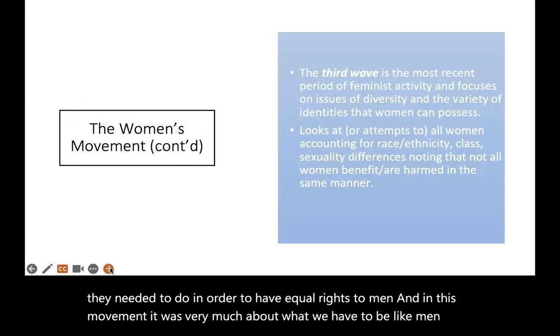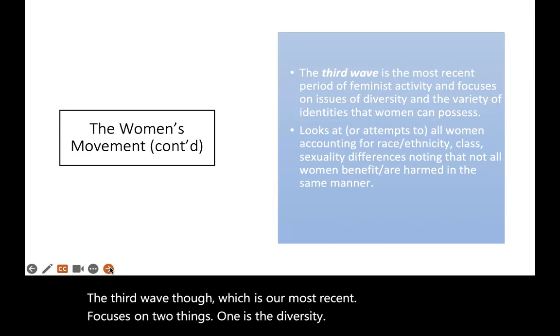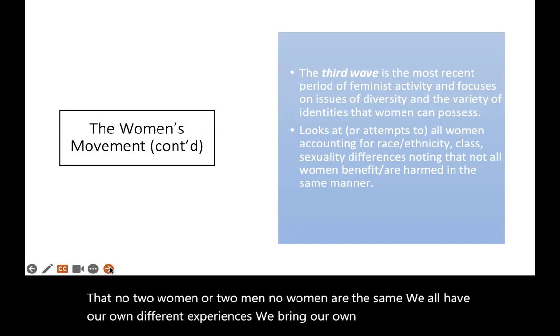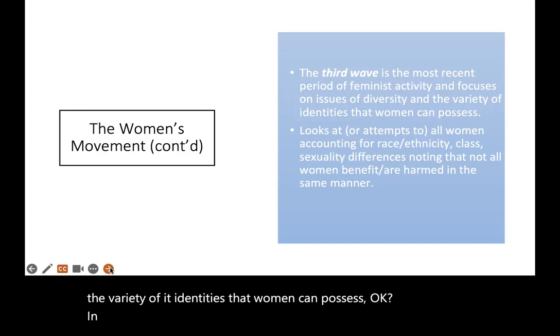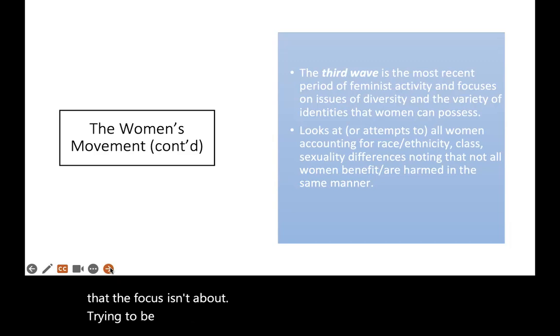Okay. The third wave, which is our most recent, focuses on two things. One is diversity, that no two women, no two men are the same. We all have our own different experiences. We bring our own thing to it, and there is a variety of identities that women can possess. Okay. And what probably makes this movement different from the last one is that the focus isn't about trying to be something else.